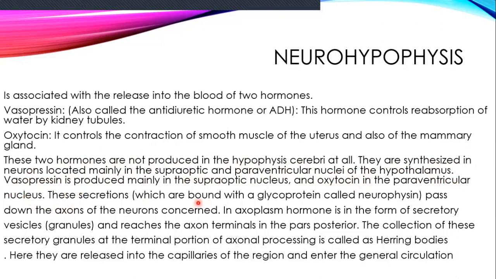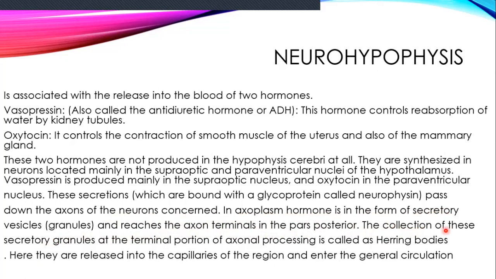These secretions, which are bound to a protein known as neurophysin, pass down the axons of the neurons concerned. Then in the axoplasm, the hormone is in the form of secretory vesicles and reaches the axon terminus in the pars posterior or your pars nervosa.